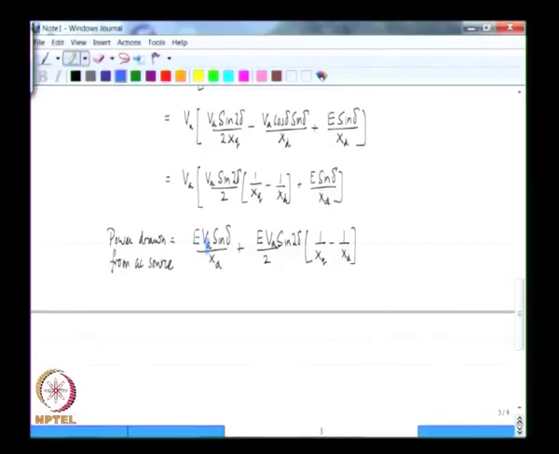If it is a cylindrical rotor machine, only this term remains. So EV by X into sin delta, where X is the synchronous reactance in the case of cylindrical rotor. In the case of salient pole machines, XD is the direct axis synchronous reactance, XQ is the quadrature axis synchronous reactance. So, in the case of a salient rotor machine, we find that an additional term is also there as compared to what is there in the cylindrical rotor synchronous machine.